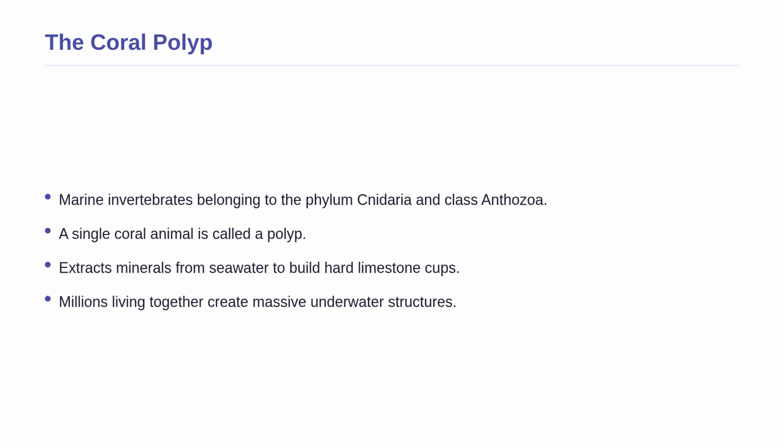Just like humans build brick houses to protect themselves, these polyps extract minerals from the seawater to secrete hard, protective limestone cups around their soft bodies. When millions of these polyps live side by side, their tiny limestone houses fuse together, creating massive underwater structures that can even be seen from space.